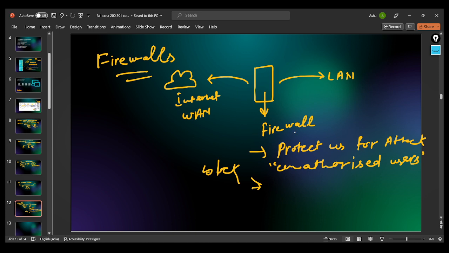Without the firewall, nobody can enter. If you have a passport, if you have an ID, then I will provide entry to use the services of the LAN network. So a firewall is just like a gatekeeper. If any attacker comes, then please show your ID card. That is how a firewall works.